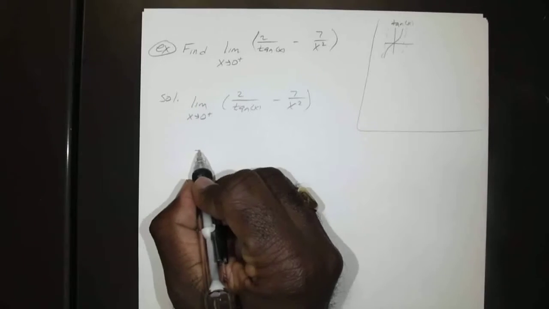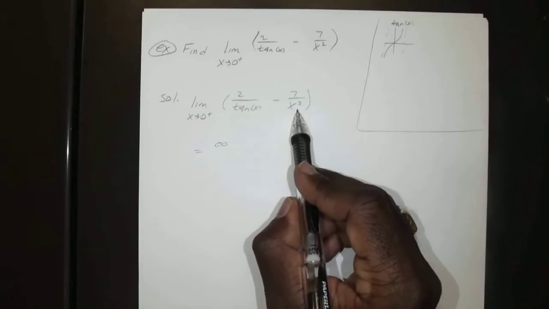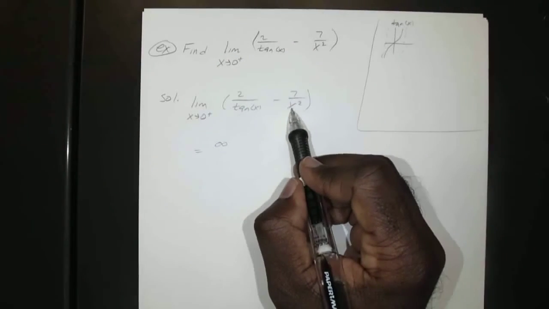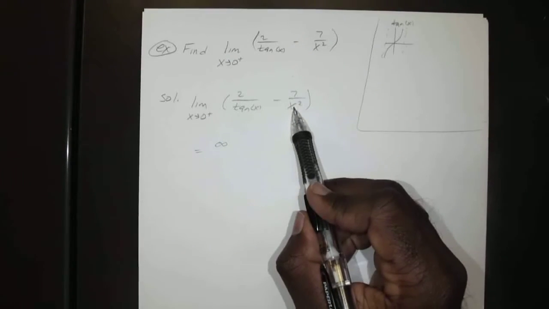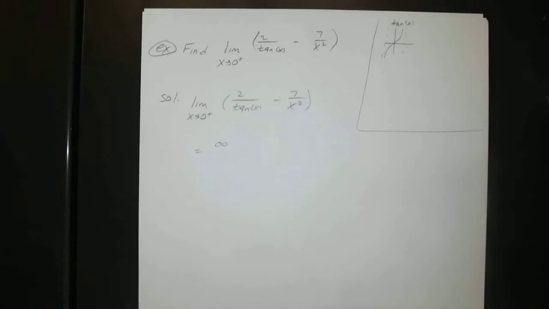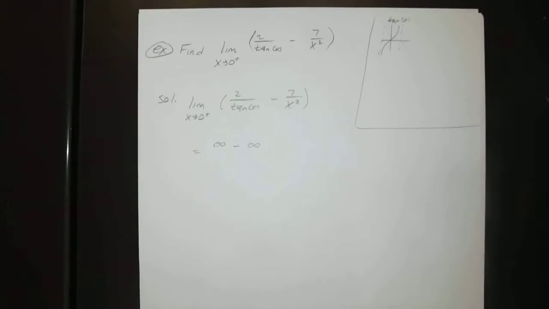So as that number gets smaller in the denominator, that limit gets bigger and bigger. So this will end up equaling infinity. And as x gets closer and closer to 0, the second term becomes infinity as well, because you're dividing 7 by an even smaller number, and an even smaller number. So that becomes infinity.